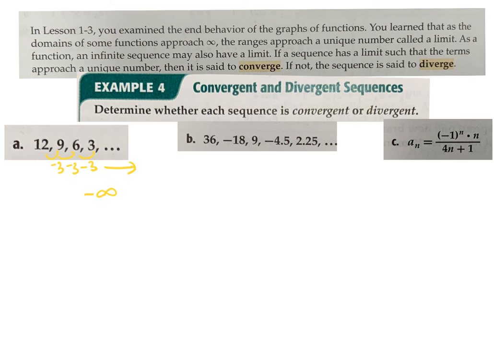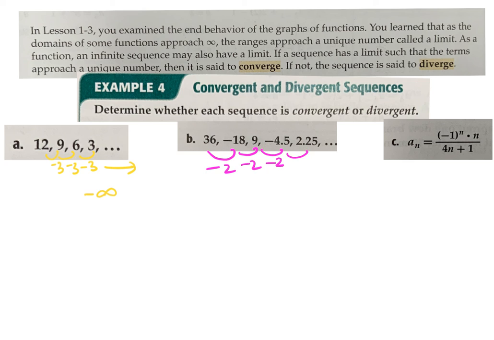Let's look at the next one. What is happening here? We are dividing by -2, right? Now, this one seems to be bouncing back and forth, right? But it's actually moving towards something, all right?